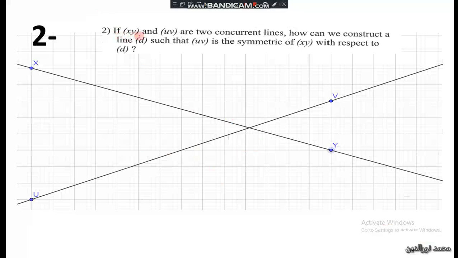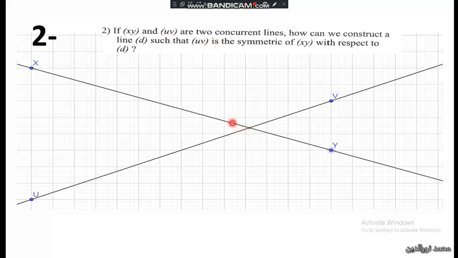If x, y, and u, v are two concurrent lines, as we see here, the two lines x, y, and u, v are concurrent or intersecting lines. How can we construct a line D such that the line UV is the symmetric of XY with respect to the line D?